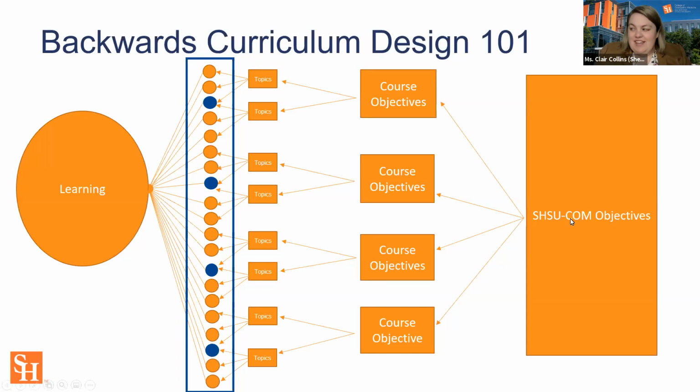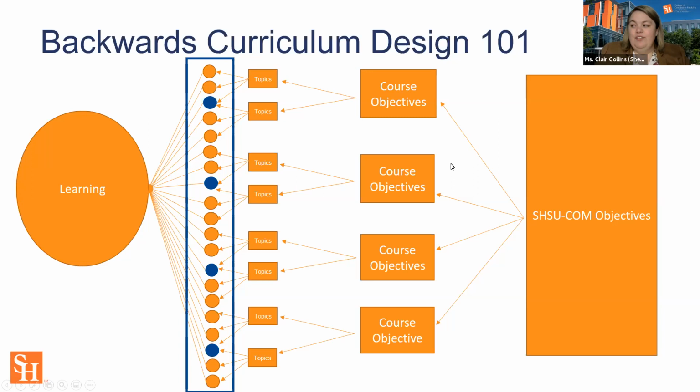Backwards design is this concept that instead of starting from the left with learning and then feeding out and saying, these are all of the things, and then pushing in this direction, we start with the objectives over here on the right, okay? So SHS UCOM has a standard set of competencies that we follow, and then we have learning objectives that come out of that.